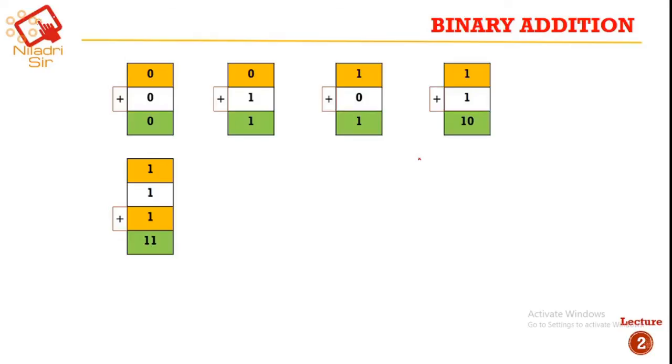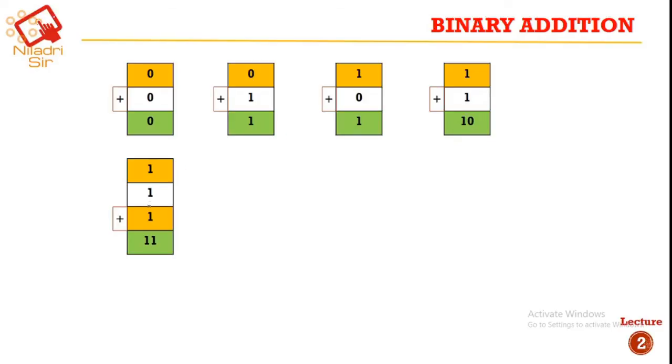Now let's see how we do binary addition. As you can see, 0 plus 0 will be 0. 0 plus 1 will be 1. 1 plus 0 again will be 1. And 1 plus 1 is 0, and the remainder in hand is 1, that is 10. So 10 is the binary of 2.